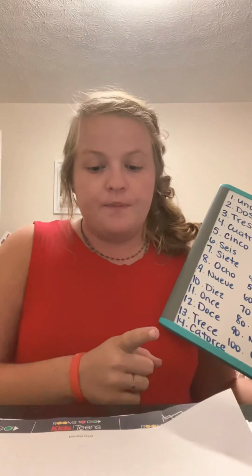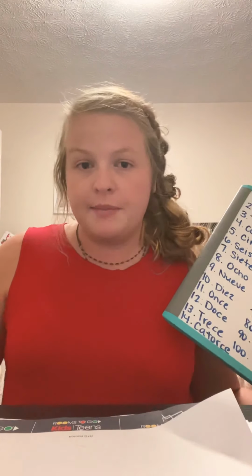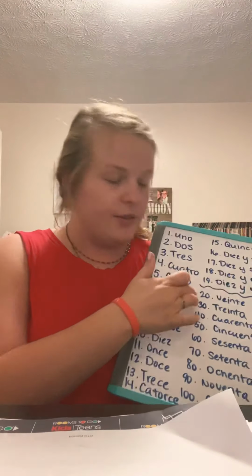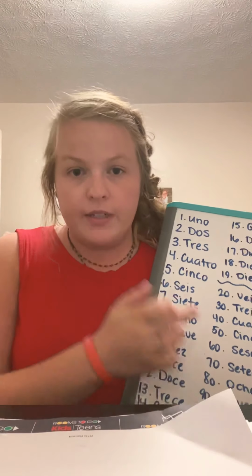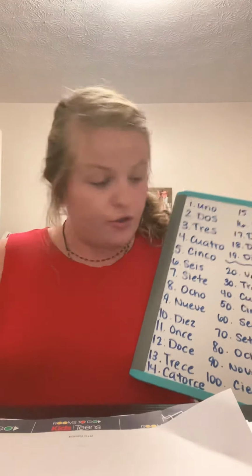So moving on from that point, once you have that pattern in your head, it's going to be the same thing. So for 20, the way you say 20 is veinte. So 21 is veintiuno. 22, veintidós. 23, veintitrés, and all the way up to 29 until you get to 30. So counting by tens, we're going to start with 20. So I'm going to count 20, 30, 40, 50, 60, 70, 80, 90, and 100.